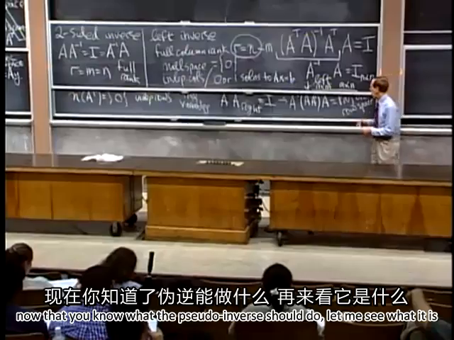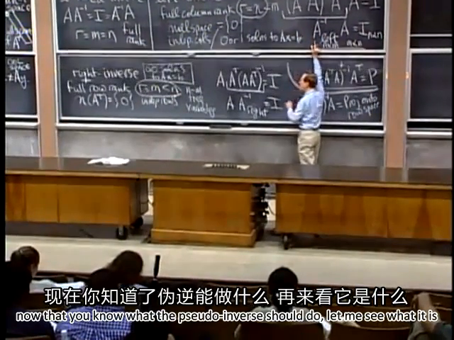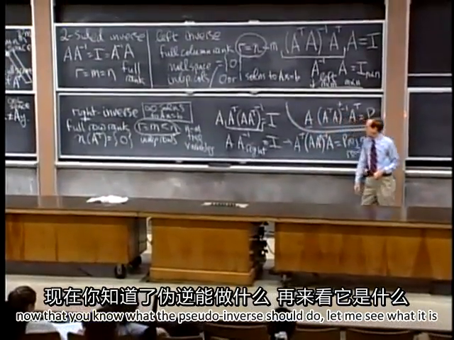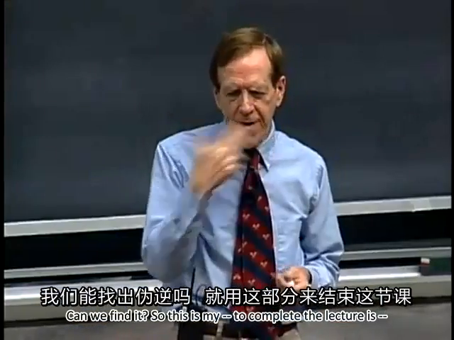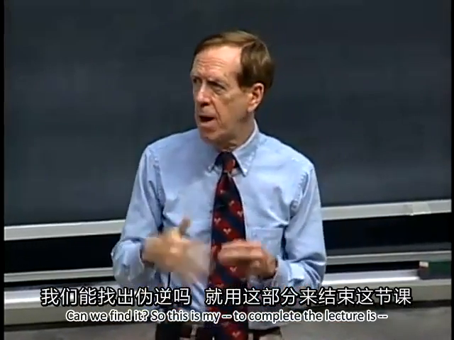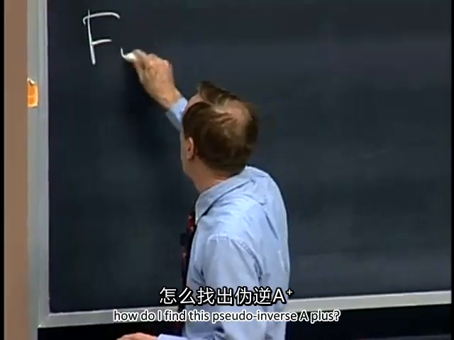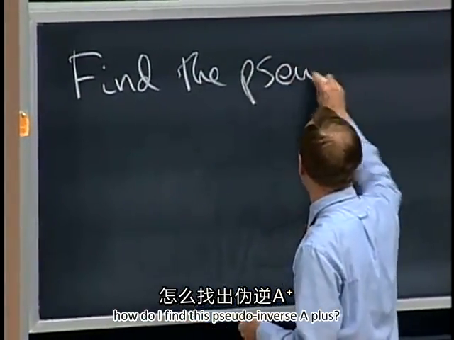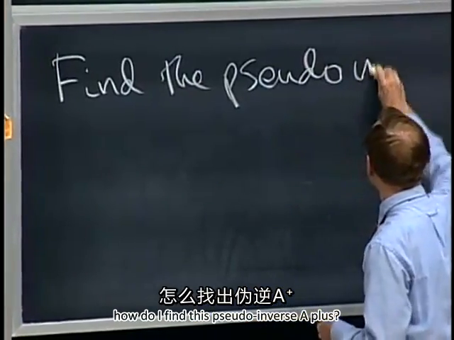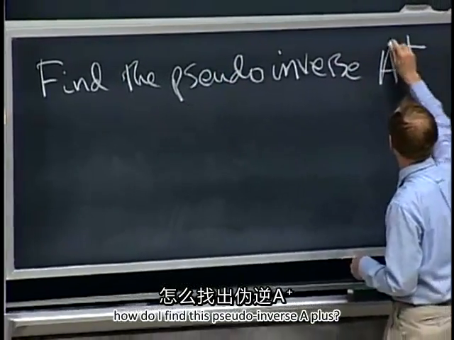Okay. So now that you know what the pseudo-inverse should do, let me see what it is. Can we find it? So to complete the lecture, how do I find this pseudo-inverse, A plus?